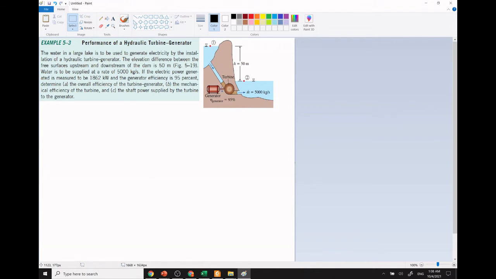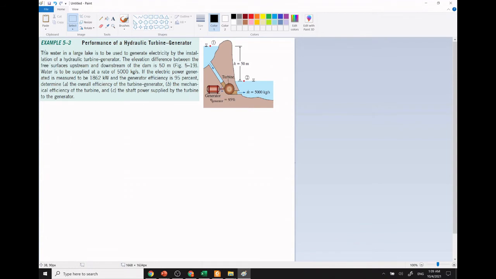As the water flows down, it spins the blades in the turbine, which leads to the spin of the shaft, and then leads to the generation of electricity by the generator. So basically there's a transfer of mechanical energy from water to the turbine, from turbine to the shaft, and from shaft to the electricity generated by the generator.